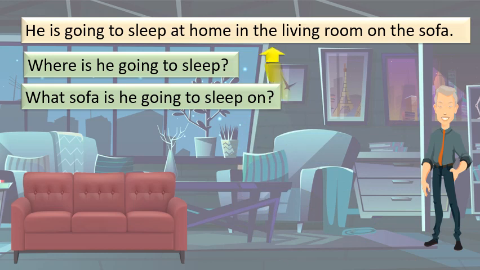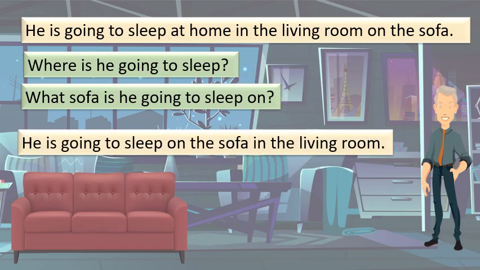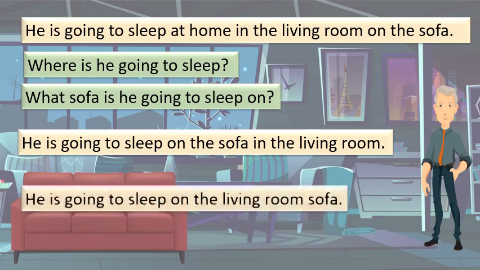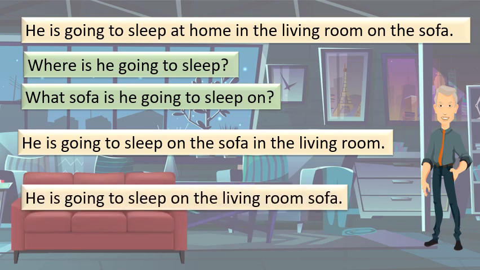The living room. Sofa. What sofa is he going to sleep on? The living room sofa. He's going to sleep on the sofa in the living room. He's going to sleep on the living room sofa.